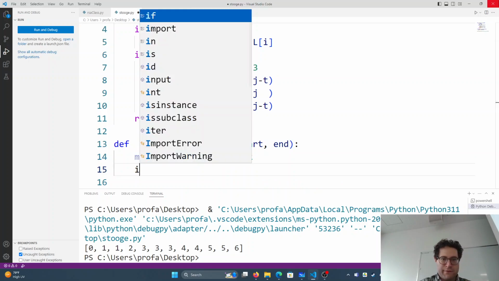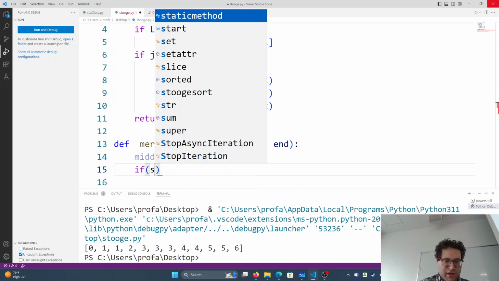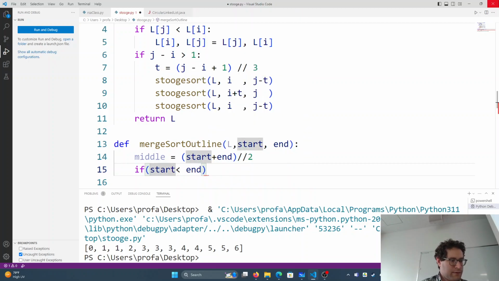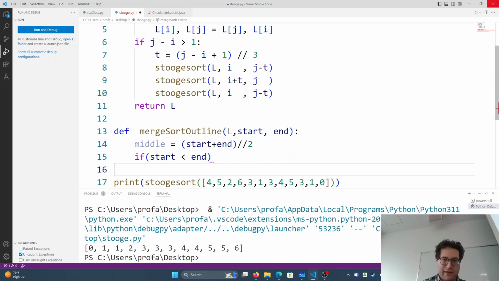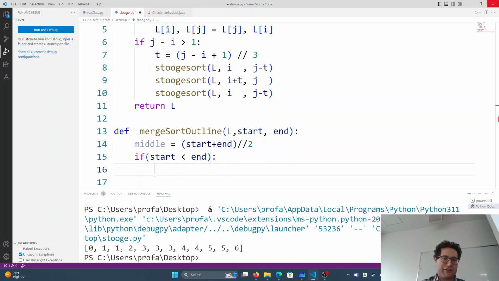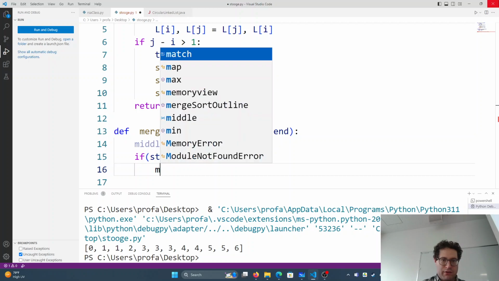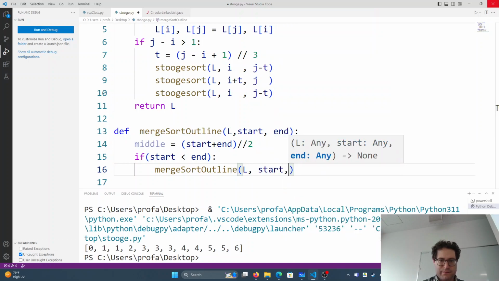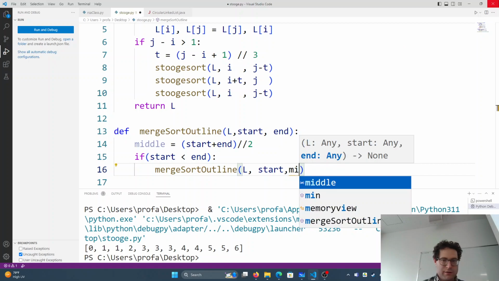And then we do: if start is less than end. In other words, if we haven't crossed any streams yet that would invalidate this, then what we're going to do is merge sort the left half, from the start to the middle.